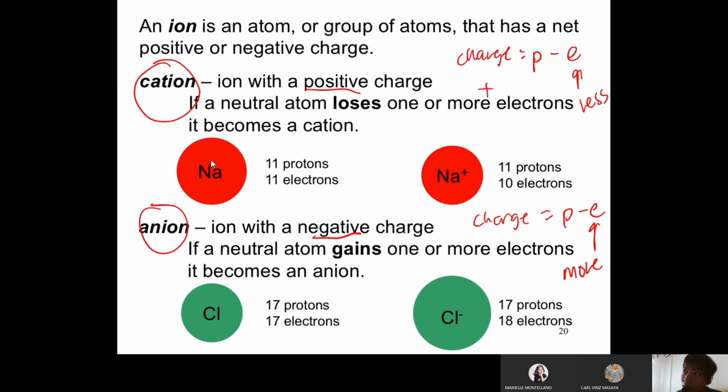Yung mga binibigay na electron ng cations, for it to be positive, they will be accepted by the anion. Yung mga negative. So, yung nire-release nilang electrons na pupunta sa anion. So, they will both be charged particles na.